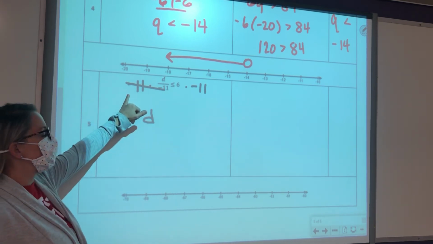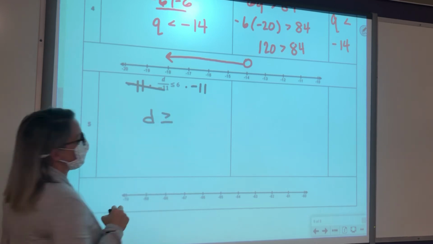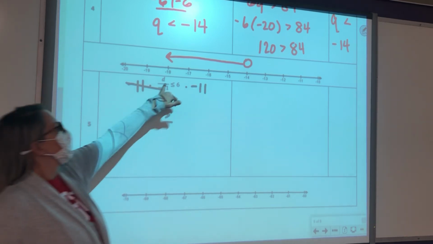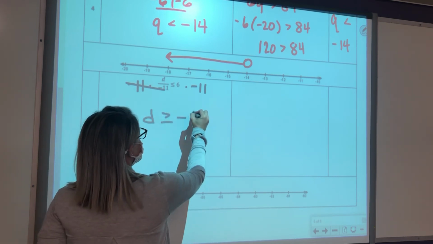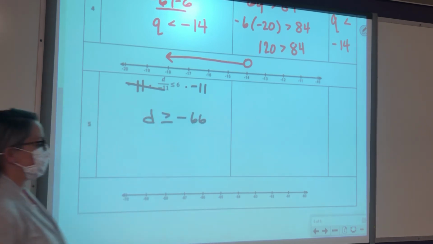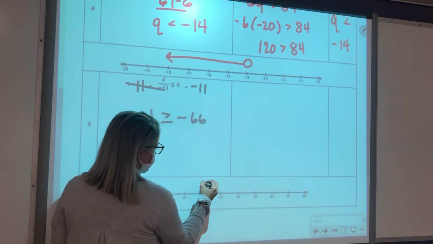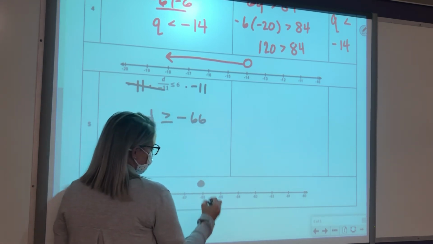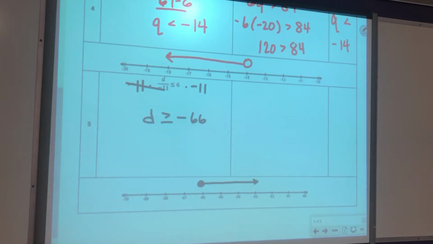I multiply by a negative, so my less than or equal to becomes a greater than or equal to. Negative 6 times 11 is negative 66. So you should have a closed circle at negative 66, and your arrow should go to the right.